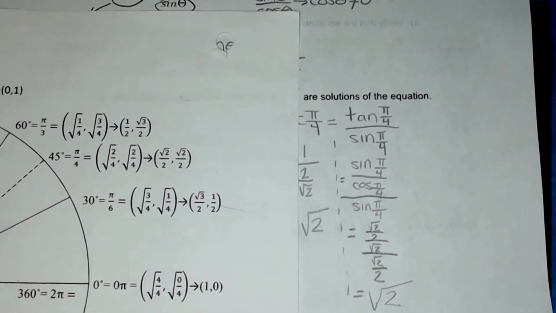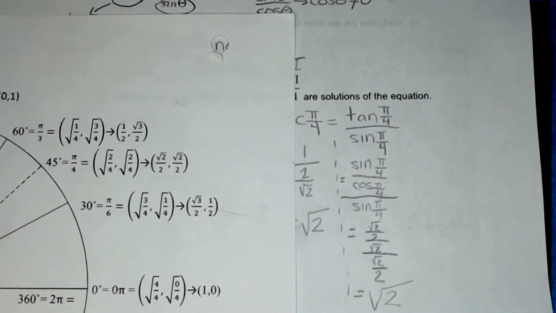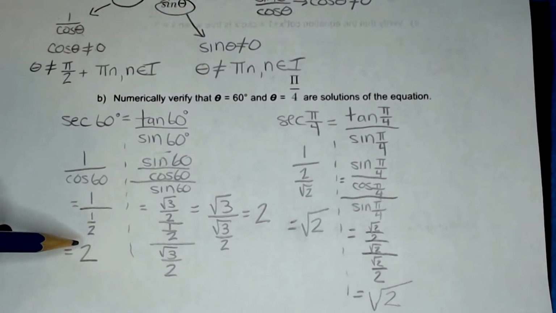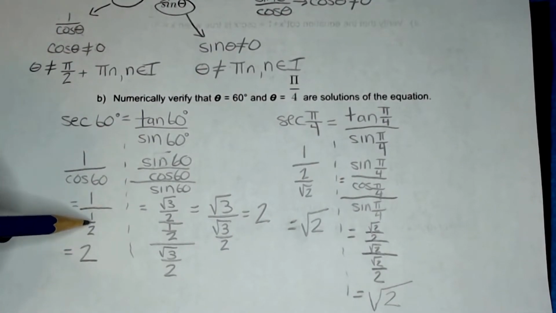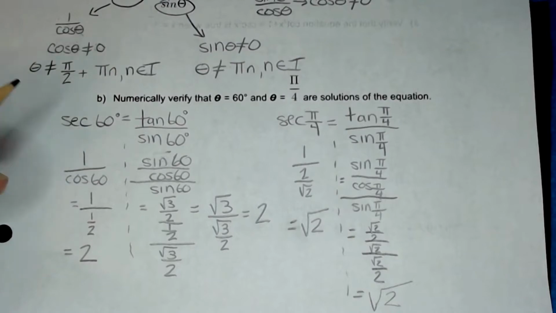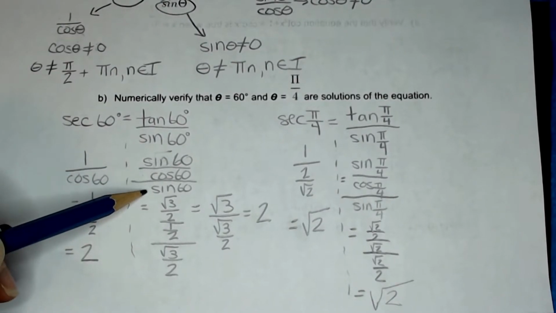60 degrees, 1/2. Remember, cosine, sine, and then the ratio of them would be tangent. So when you have a fraction, 1 over 1 dividing another fraction, 1 over 2, you flip and multiply, and the result of that is 2. On the right-hand side, we have sine 60 over cos 60 divided by sine 60.